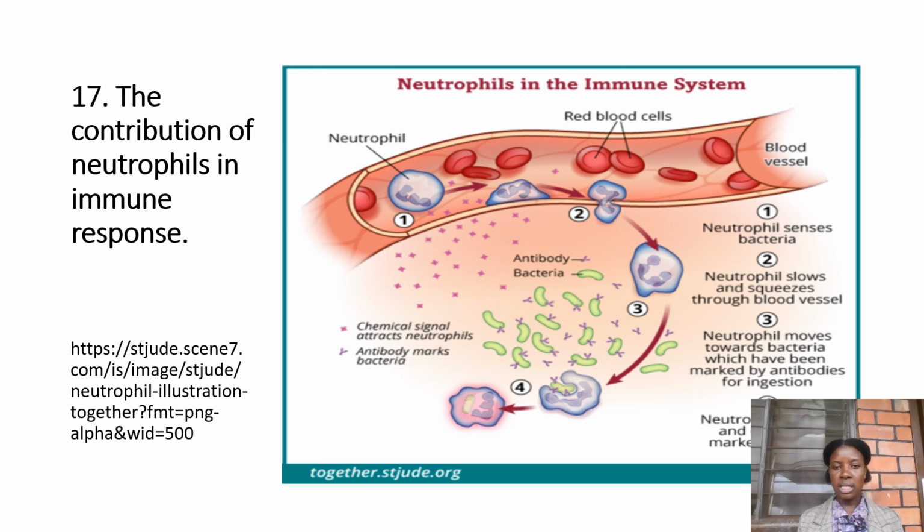On the second, the neutrophil adheres to the walls of the blood vessel and migrates to the site of infection. Once it reaches there, it moves towards the bacteria that have been marked by antibodies. When it reaches the bacteria, it binds to it, engulfs it, then destroys it and eliminates it. And you see there is a link where you can find the image of that neutrophil.